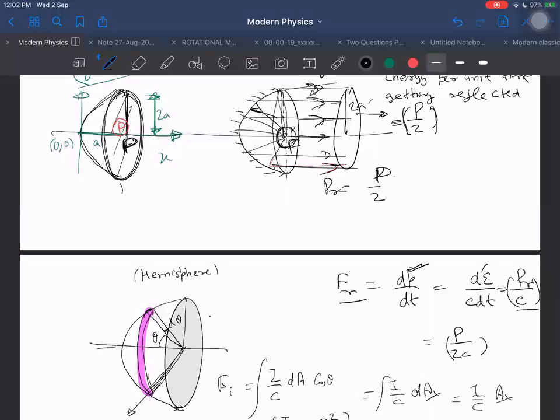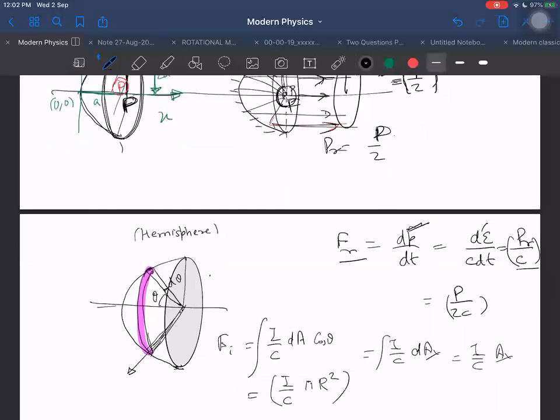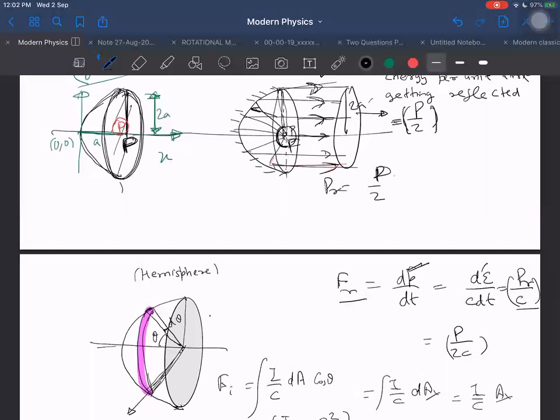While it is absorbing, as I told you before, it doesn't matter what shape we are taking. I could have taken a hemispherical shape also. If the photons incident are being absorbed by a hemispherical shape, they will give the same result as when absorbed by the parabolic shape.